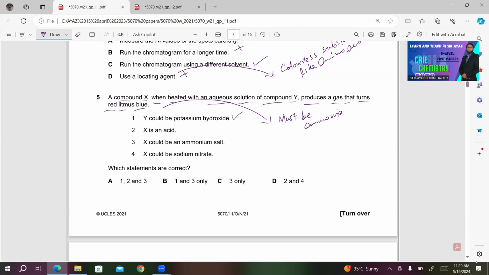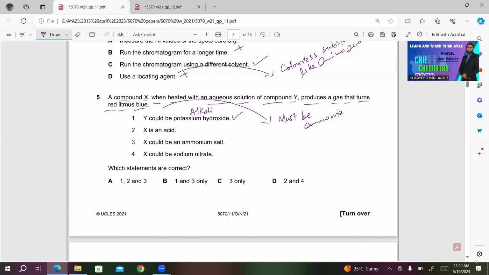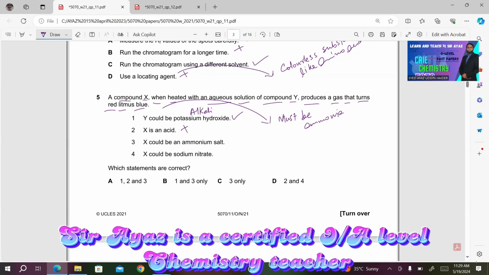This is a possibility because potassium hydroxide is an alkali, and an alkali on reaction with ammonium salts releases ammonia gas. Two, X is an acid. This can't be the right statement because acids won't release ammonia gas. Number three, X could be an ammonium salt.